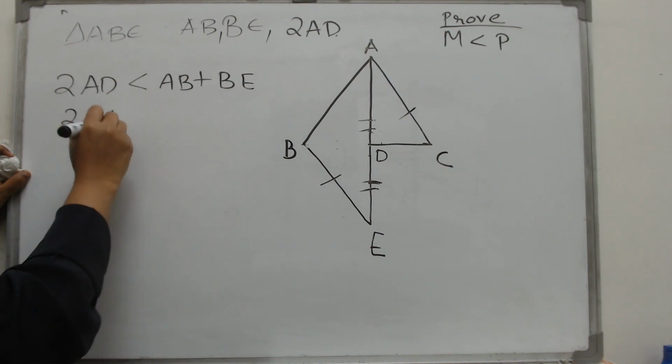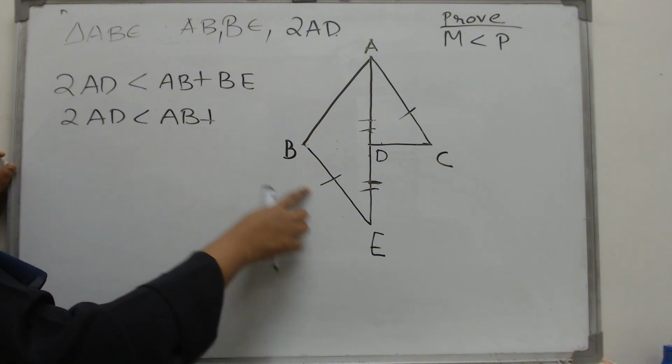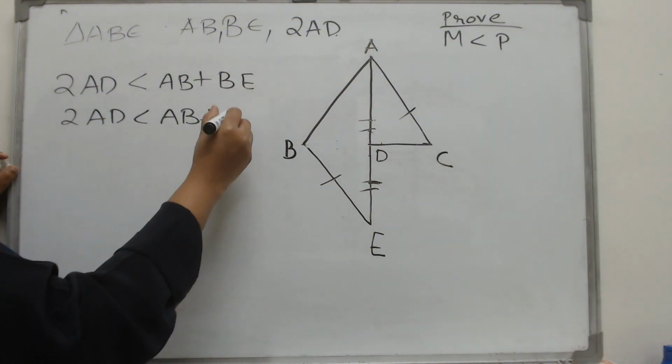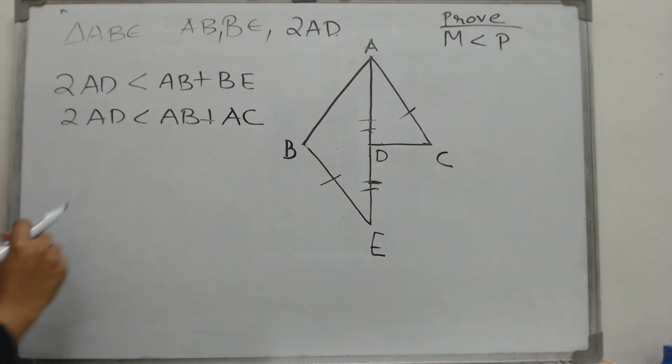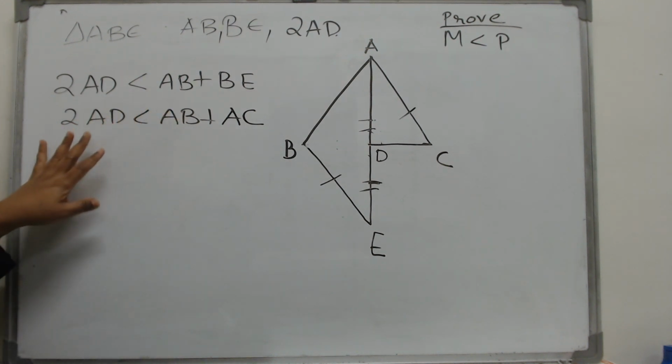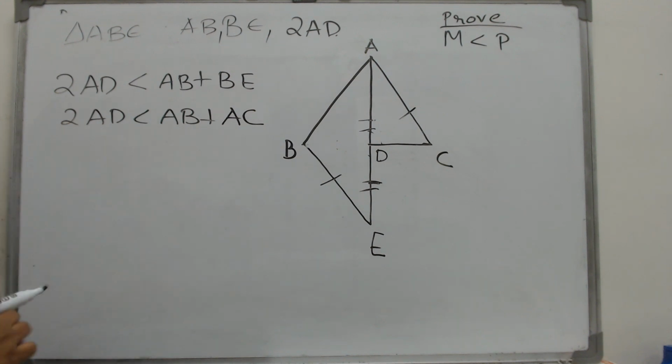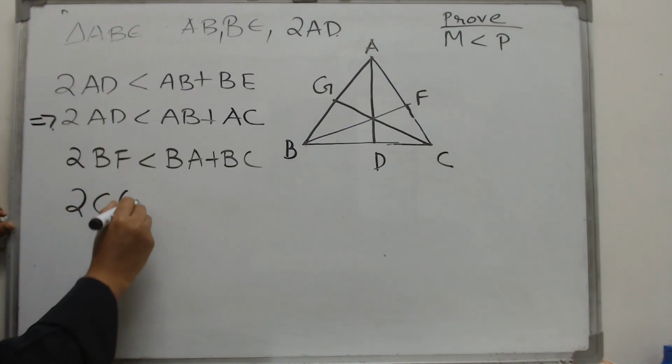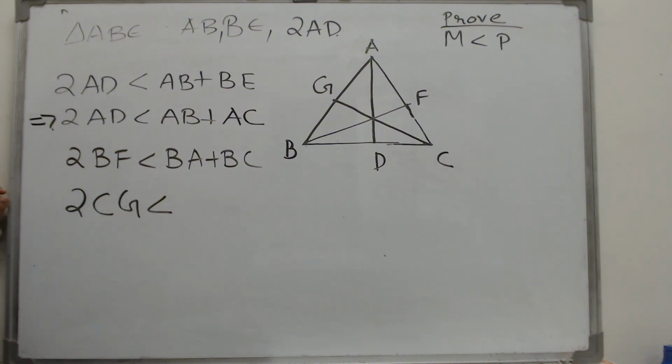But then what did we prove? We proved that BE and AC are equal in measure. So this is the result that we needed. We just have to prove it for A. Then if the other two medians, let me take them as say BF and CG. Now, for the other two sides, you don't have to reinvent the wheel. You don't have to keep doing the same steps again and again.